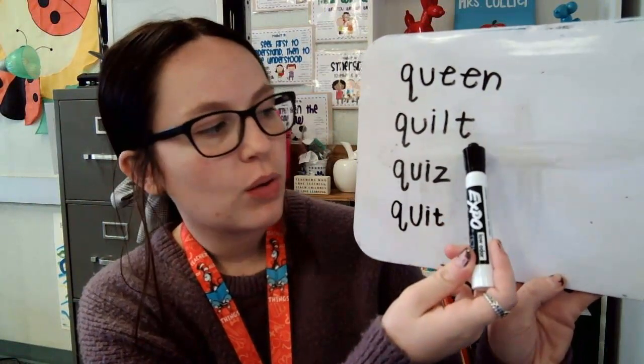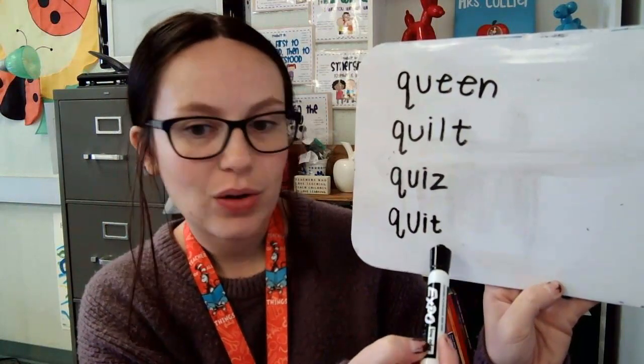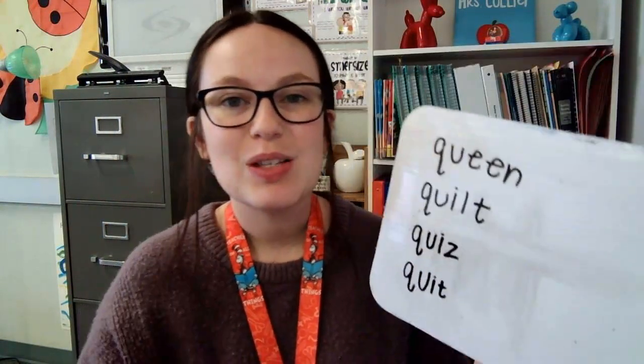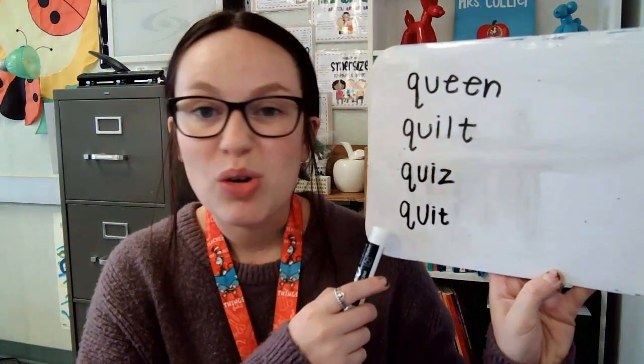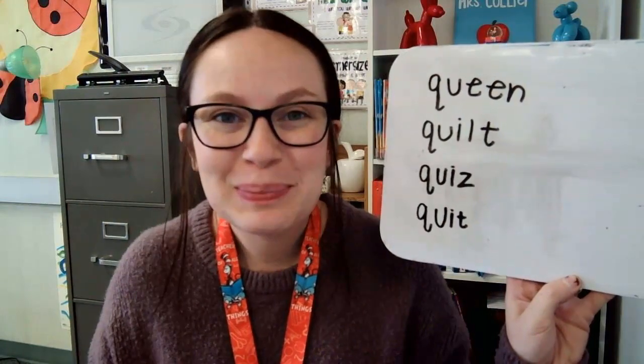So we have queen, quilt, quiz, and quit. So we learned the qu sound and the z sound. Can you think of any more words that have a qu sound in it or a z sound?